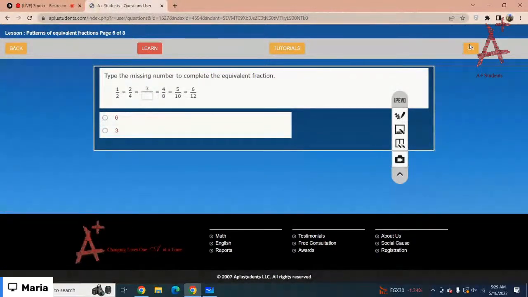Okay, which number is missing? Yes, that would be 6. 6 is missing.